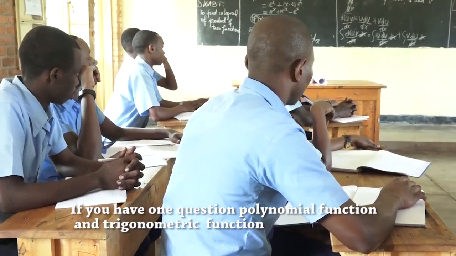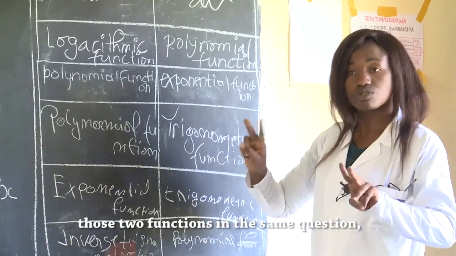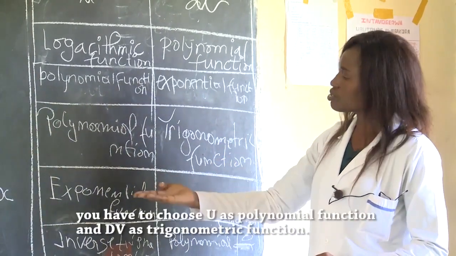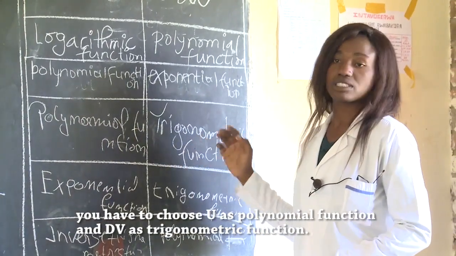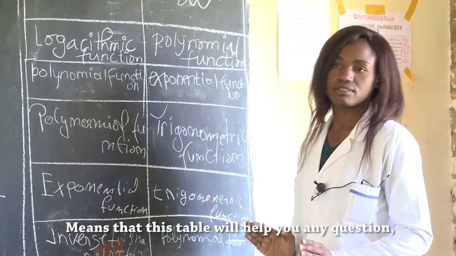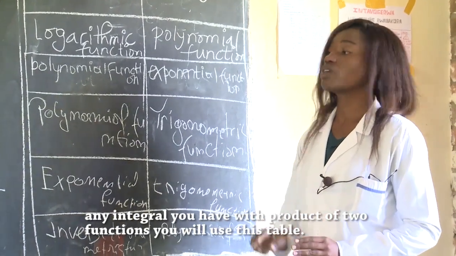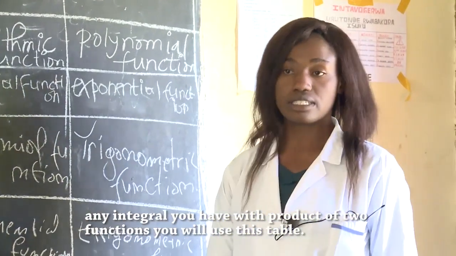If you have a polynomial function and a trigonometric function in the same question, you have to choose U as the polynomial function and dV as the trigonometric function. This table will help you. Any integral you have with a product of two functions, you will use this table.